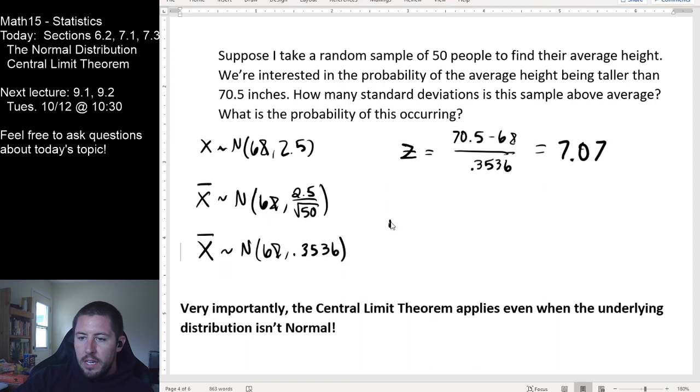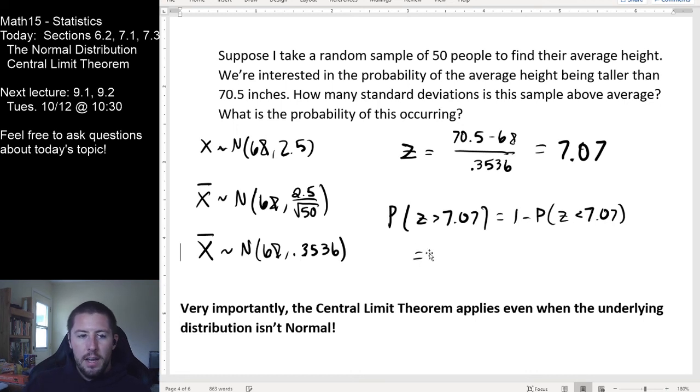So we are now interested in the probability that z is greater than 7.07, which is going to be 1 minus the probability that z is less than 7.07. And I know that I'm going to be getting some scientific notation over here from Excel. So for this next guy here, we want the probability that z is greater than 7.07.